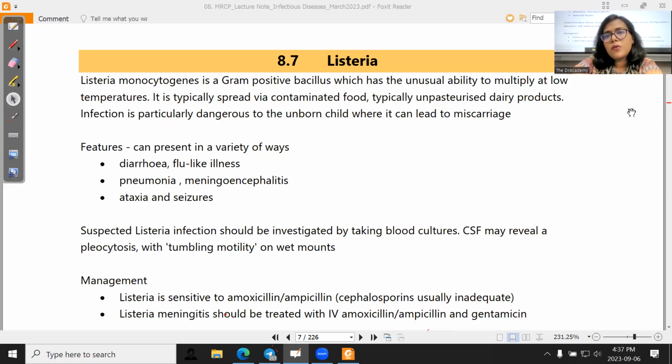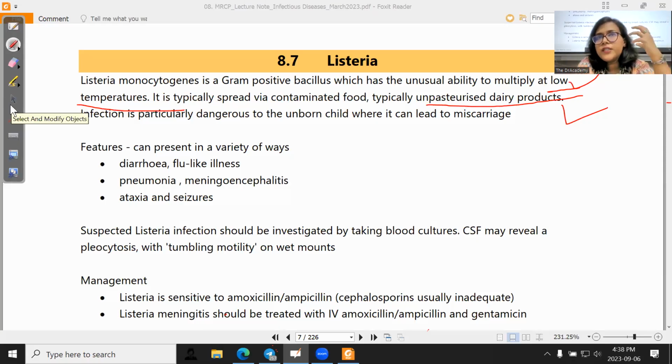So from only one sentence, you understand that the important characteristic here is the low temperature. If the stem mentions refrigerated unpasteurized dairy product, it will give you a clue. It's typically spread by contaminated food, typically unpasteurized dairy products. When we refrigerate food, we usually know that we are preserving it.